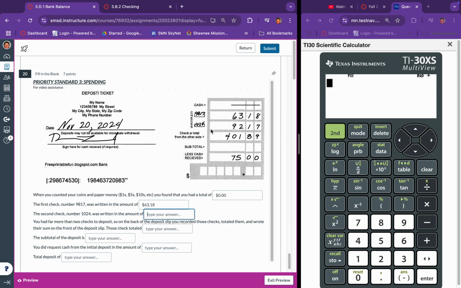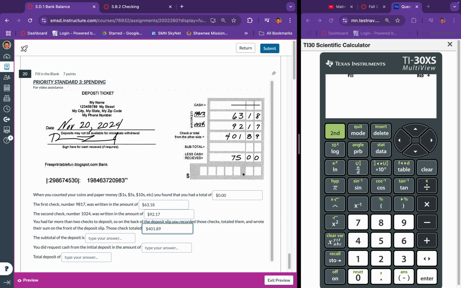You had another check written to you, check number 1024. That check was paid to you $92.17. So $92.17. Then you actually had a whole bunch of other checks in your hand, and so you wrote them all on the back of the deposit slip and totaled them together, and they totaled to be $401.89.